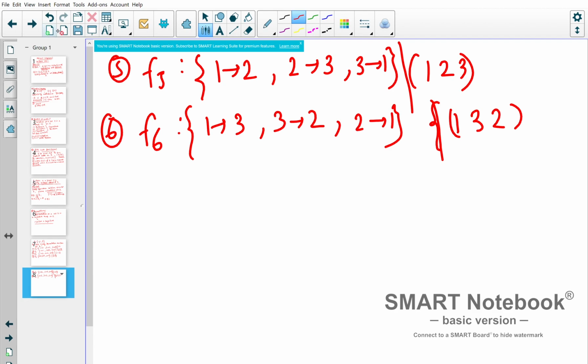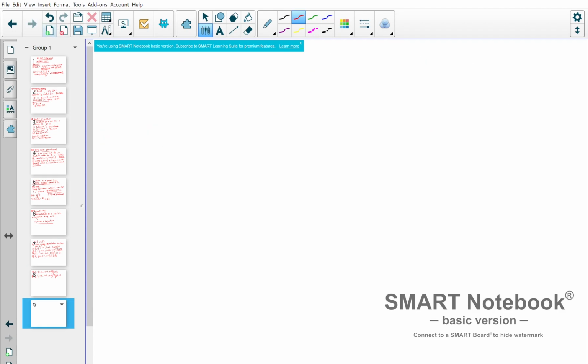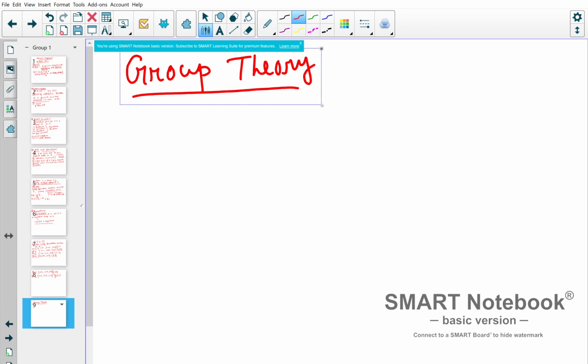Now let me start one of the first important things in our syllabus. This is called group theory. Group theory starts with something called groups.